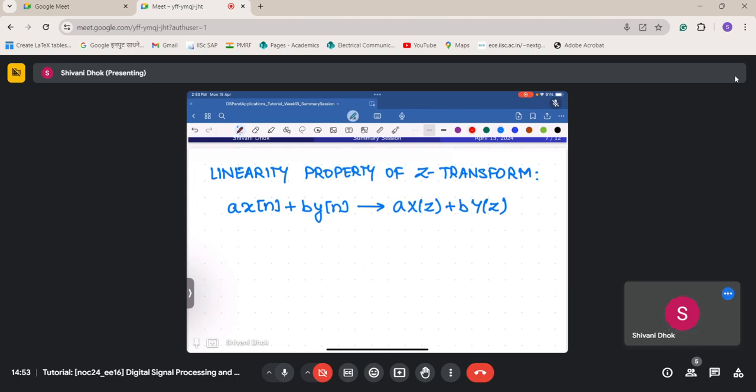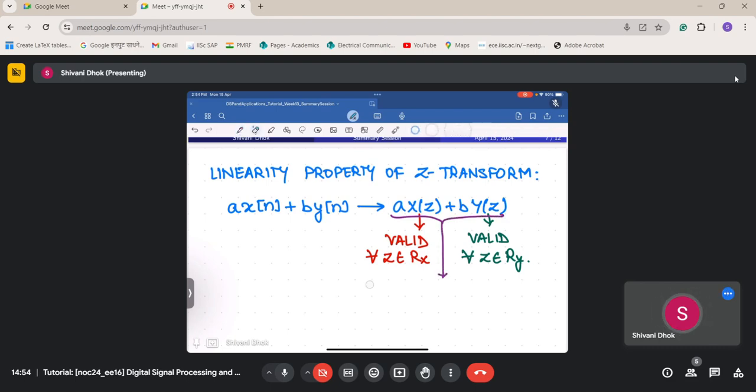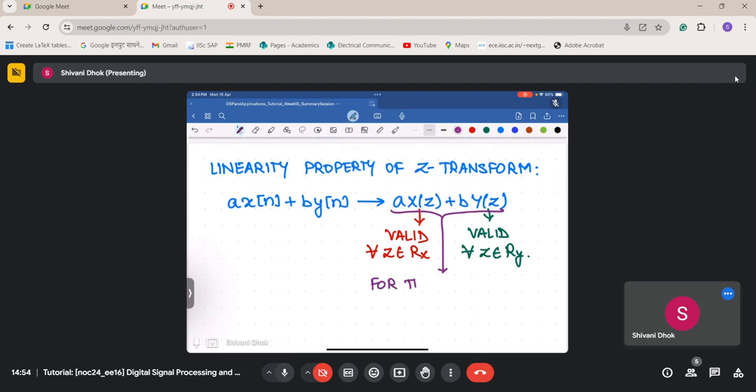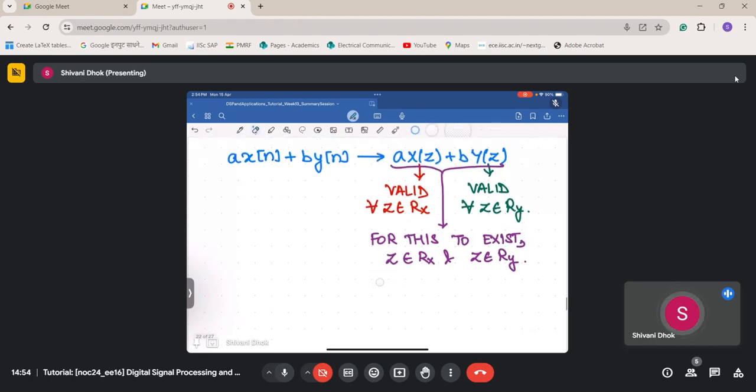Now, this X of z is valid for all z that belong to Rx, and this Y of z is valid for all z belonging to Ry, that is, the ROC of Y. Which means that for this entire function to exist, z should belong to Rx and z should belong to Ry, which means that z should belong to Rx intersection Ry.